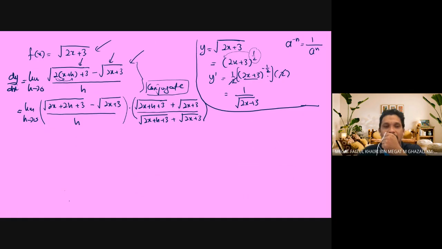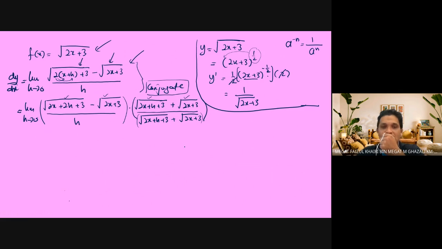Okay, so now the conjugate, we are referring to this and this. The denominator is just following the above, so it affects nothing much.